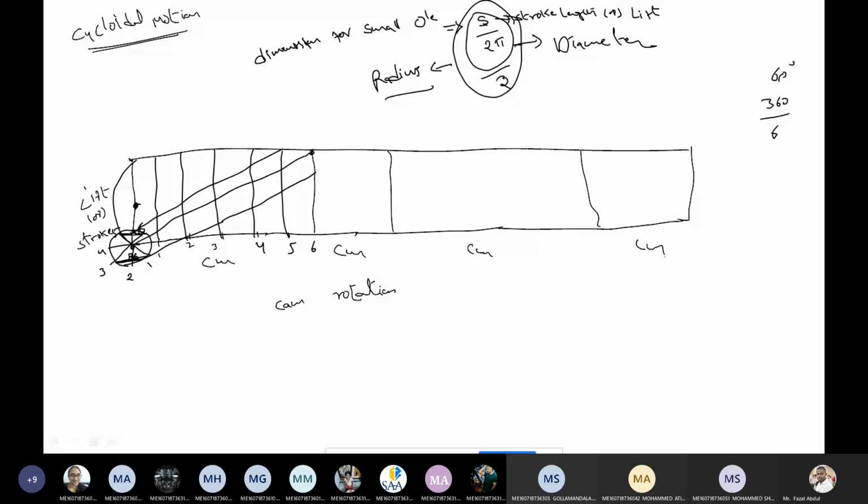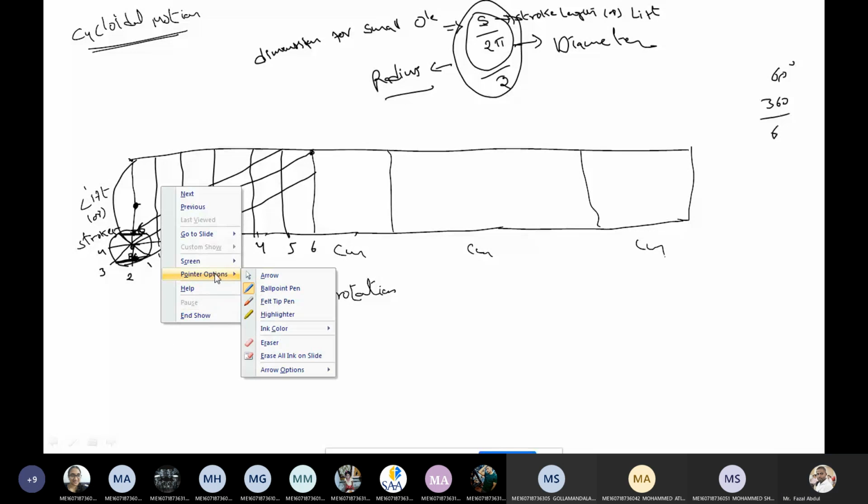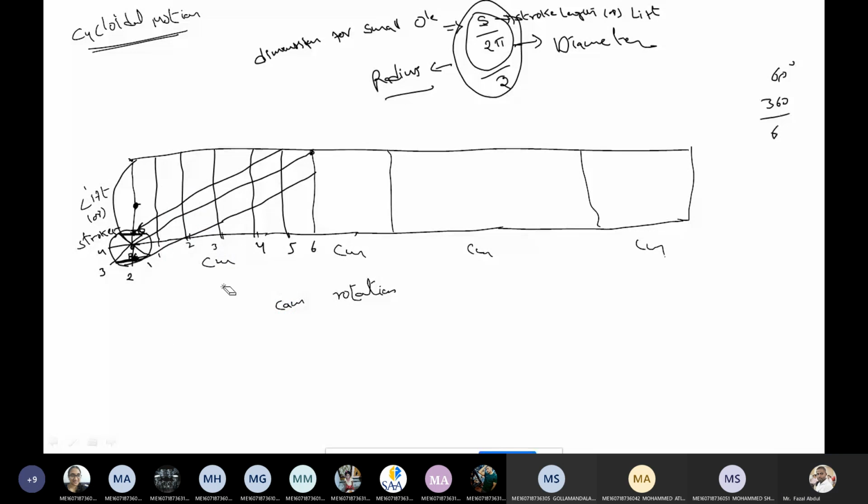Now see here. This second line is passing through the mid of this one. Again I'm drawing for your better understanding.